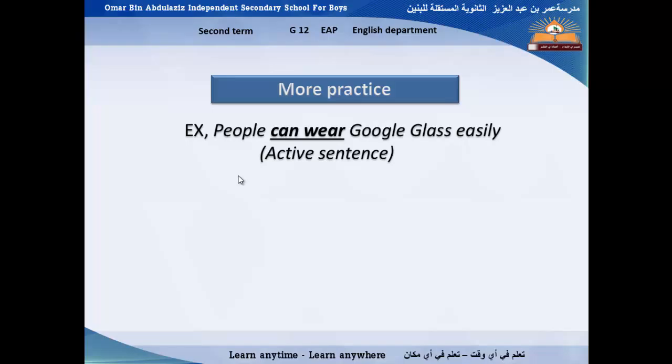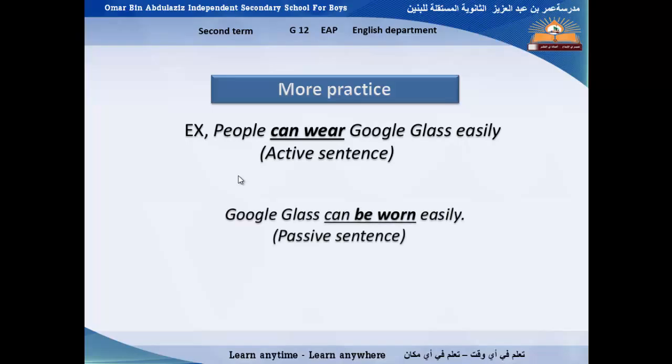The answer will be: Google Glass can be worn easily. And look at the verb wear, which is an irregular verb, and the past participle is the word worn.